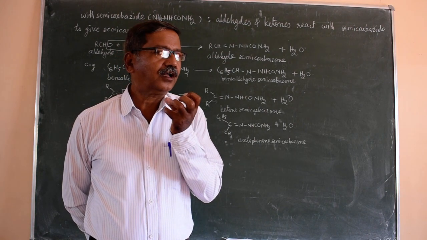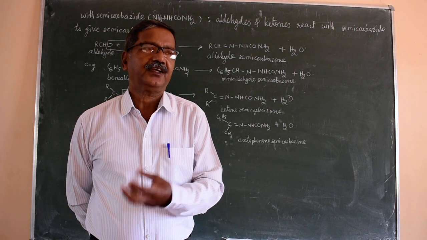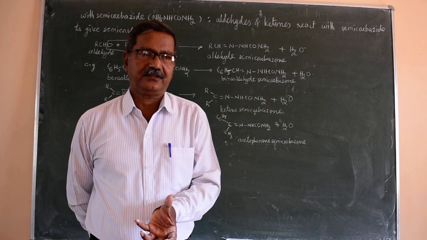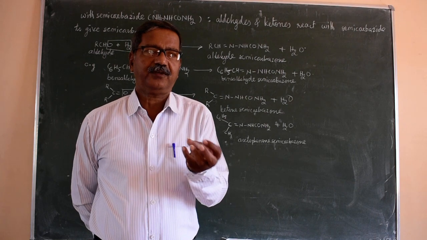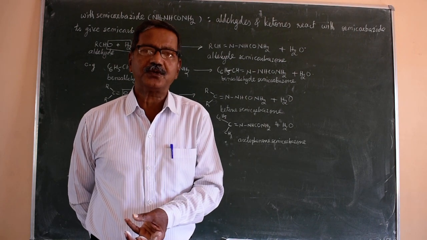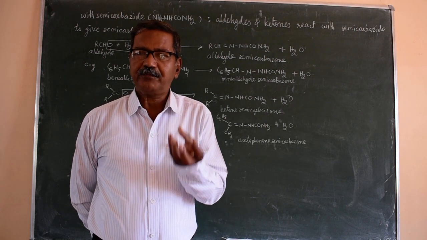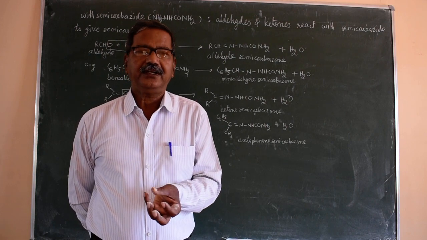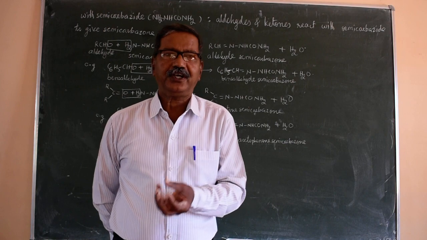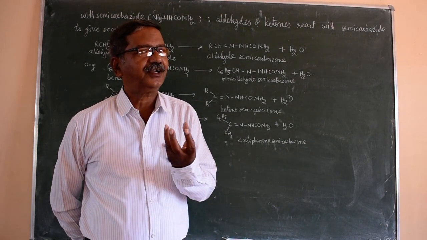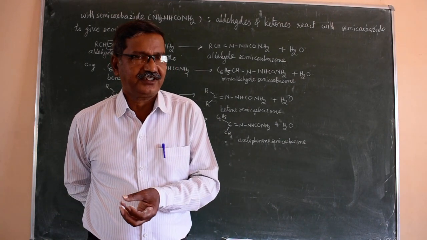If it is Fehling's solution, sodium potassium tartrate and copper sulfate with NaOH, the product formed is a red precipitate of cuprous oxide. That means you are getting a colored substance.